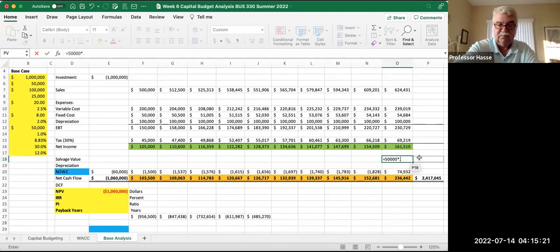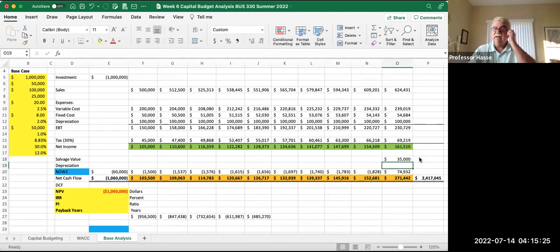So we multiply 50,000 times 0.7, and that's $35,000 of additional cash coming in by disposing of the asset at the end of its life. Now, again, remember, in the real world, they might hold on to this asset for 20 years. But as far as doing a capital budget analysis today in year 0, we include the value of the asset at the end of its depreciable life. And in this case, after taxes, it's $35,000.